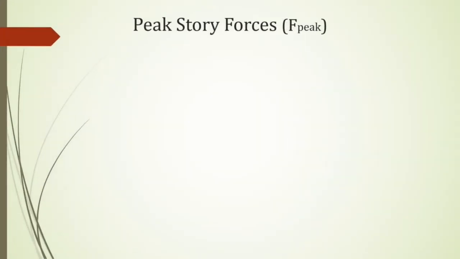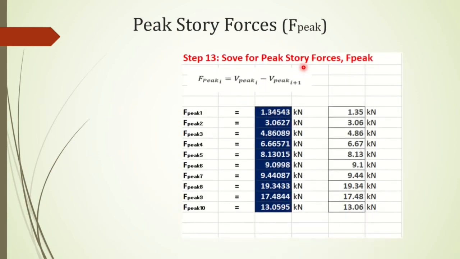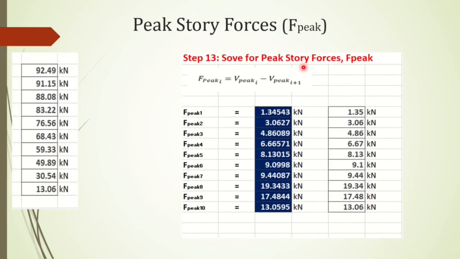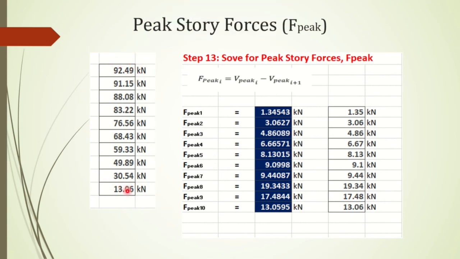Moving on, next is the peak story forces or the F peak. Now to get these peak story forces, we will also refer the values of the V peak earlier. Ito po sila. For example, we will retain this value of 13.06 dyan, no? We will retain them kasi nga 10th floor po siya. Di na po natin siya papakialaman, di natin siya babawasan kasi nga po wala po siyang kinakarga. Self-weight lang po.